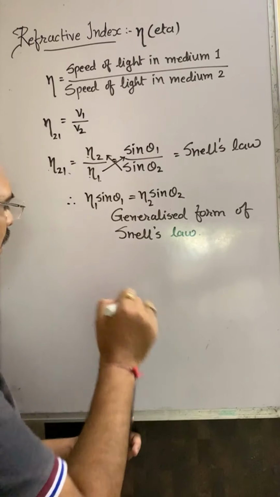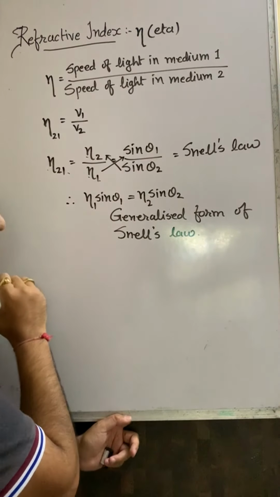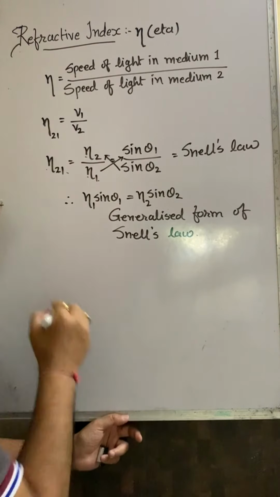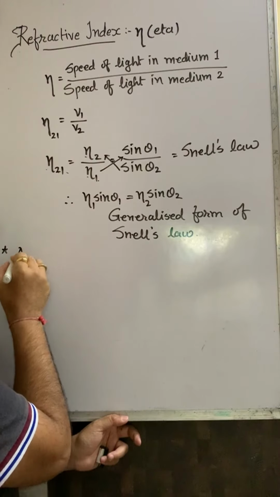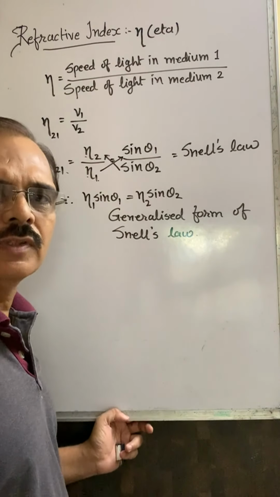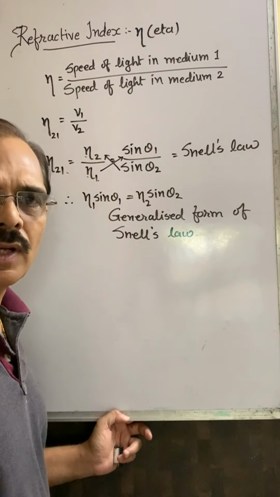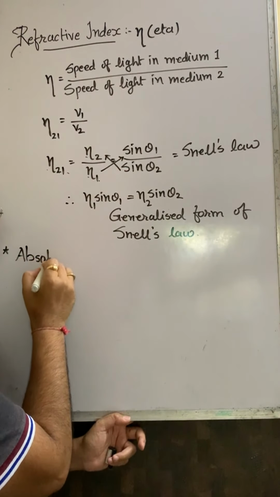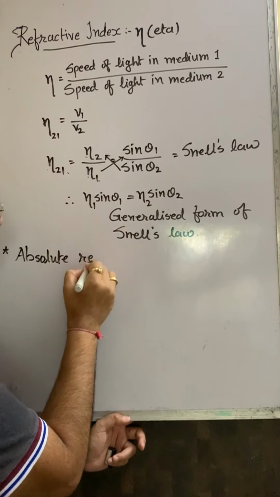Is it okay? Now another term about refractive index, which we compare with the velocity of light in vacuum, is known as absolute refractive index.